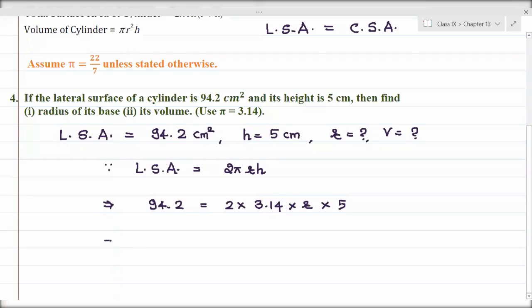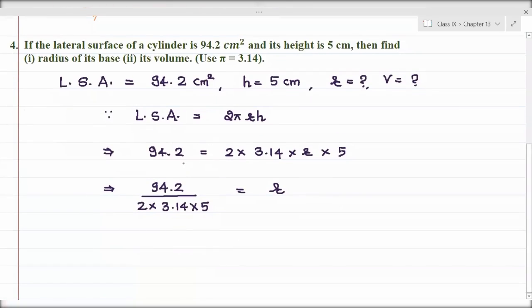Now let us shuffle the values. So 94.2 divided by 2 into 3.14 into 5 will be equal to r. We are trying to find the value of r. Now see here, if I remove the decimals, 94.2 in the denominator gives 10, and 3.14 goes to the numerator with 100, because after the decimal there are 2 places.